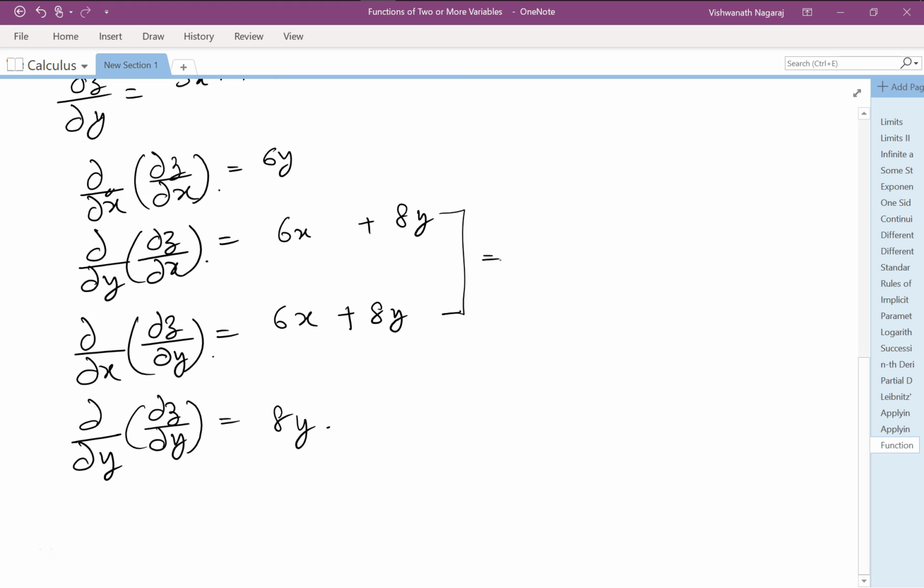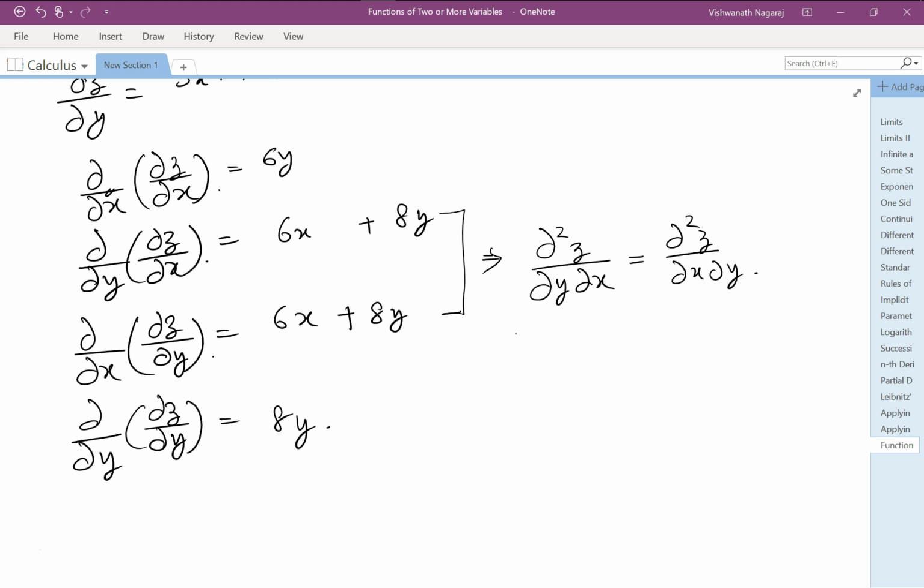That means, at least in this particular example, dou squared z by dou y dou x is equal to dou squared z by dou x dou y. Of course, in this example only.